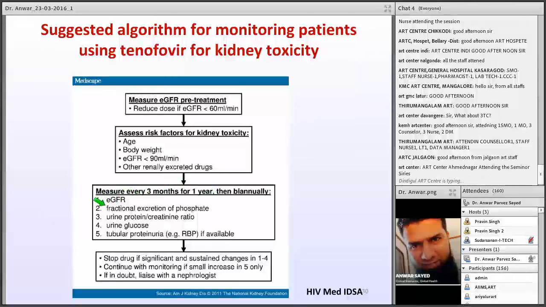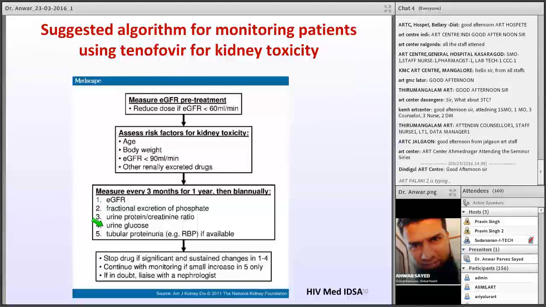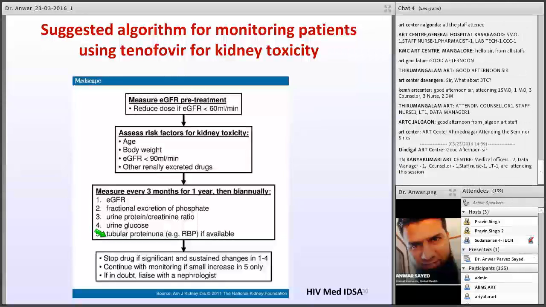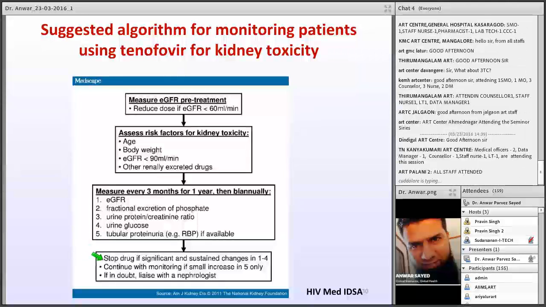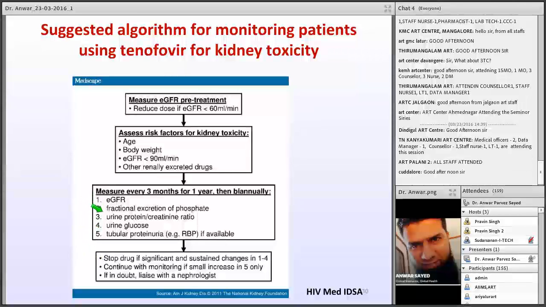That is estimated GFR, fractional excretion of phosphate, urine protein, urine glucose, and tubular proteinuria if that is available. And stop the drug if there are significant and sustained changes in 1 to 4 of these, and continue monitoring if there is a small increase in 5, that is tubular proteinuria, and if in doubt, then nephrologists need to be consulted.